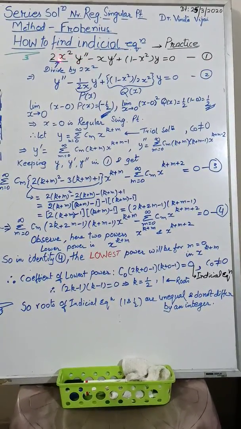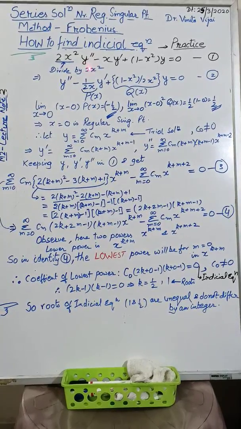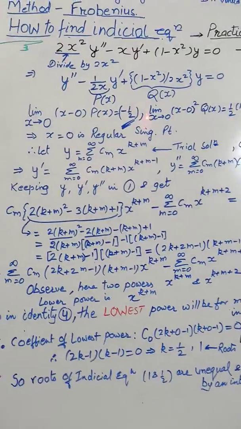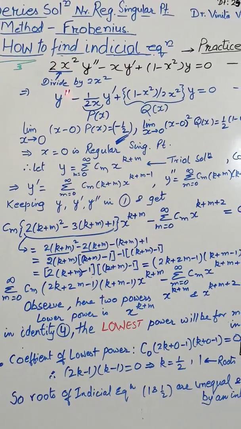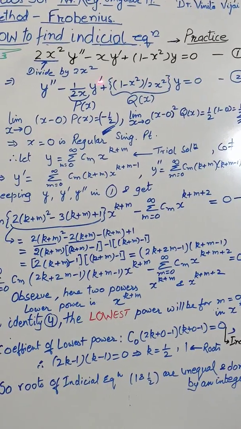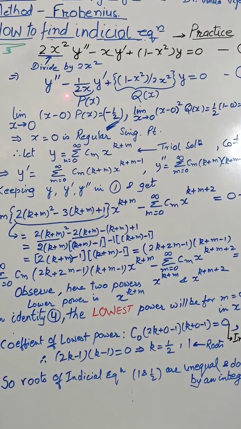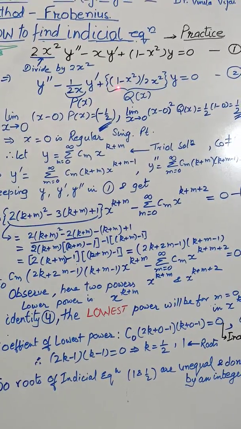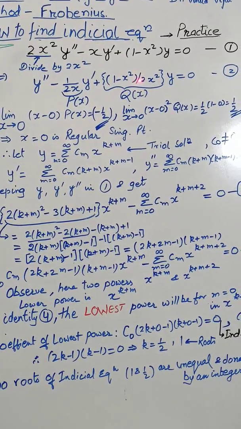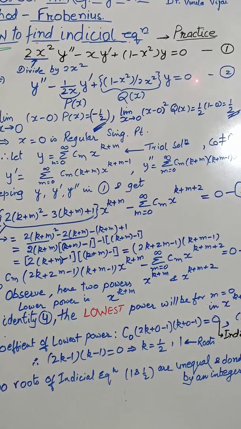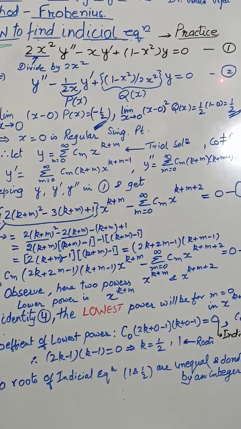Now in order to make the coefficient of y'' equal to 1, I have divided the whole equation by 2x². So I have got y'' − (1/2x)y' + ((1 − x²)/2x²)y = 0, which is equation 2.